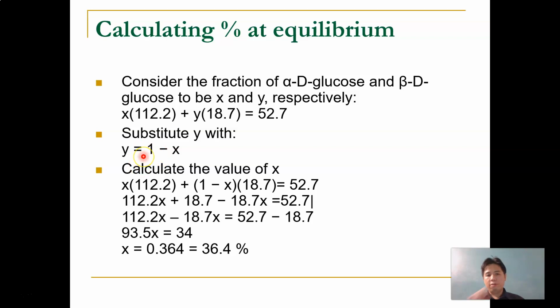Now you're only left with one unknown, X. So now it's very easy to calculate X. This sort of calculation will allow us to know the percent at equilibrium. It's a fairly straightforward calculation.